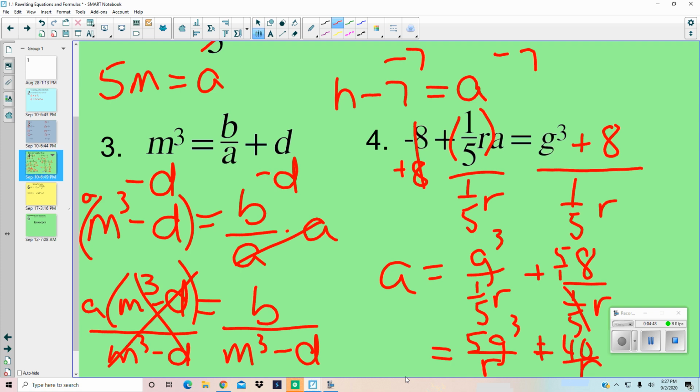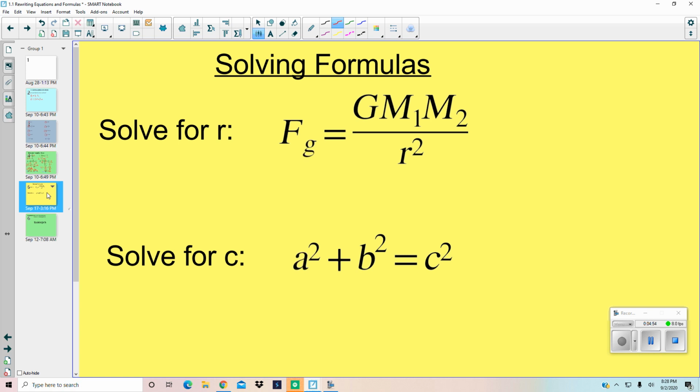The second part of the assignment is formulas. So rather than just equations with variables in them, they're going to be specific formulas that stand for something. I've got a formula here that has to do with force and gravity, and then another formula, the second one, a squared plus b squared equals c squared, is the Pythagorean theorem. Both are formulas. For this first one, I'm asked to solve for r. In order to do that, I have to get this r squared out of the denominator.